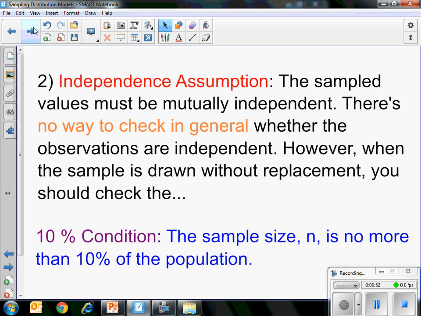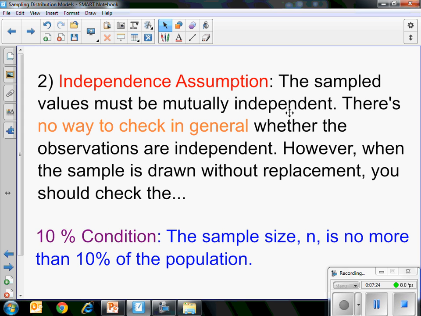The second thing is that it has to be independent, and there's an assumption here. The book really talks about how there's not a way to check this in general. However, when the sample is drawn without replacement, we should always check the 10% condition. So when we're talking about independence here, we have to make sure that from one sample to the next, they're mutually independent, not dependent on one another.